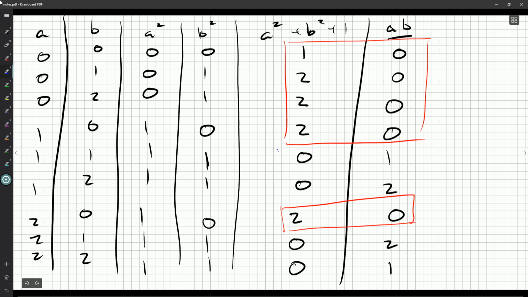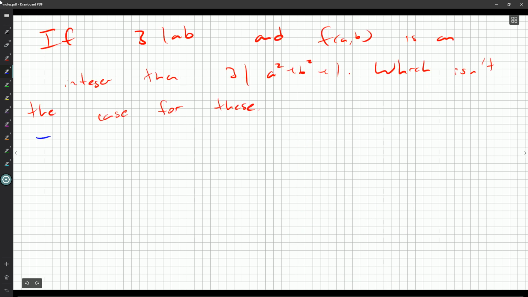Now, as for these other cases in blue, a squared plus b squared plus 1 is a multiple of 3, but ab is not a multiple of 3. So in these cases, 3 divides a squared plus b squared plus 1, but 3 doesn't divide ab.